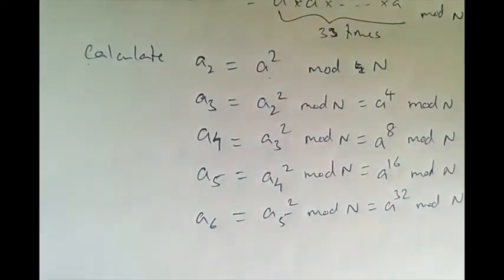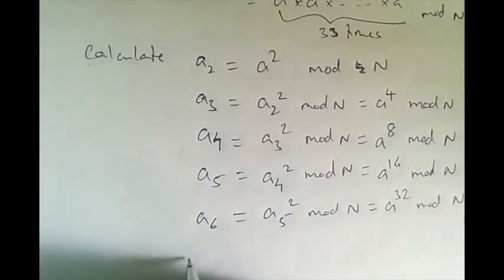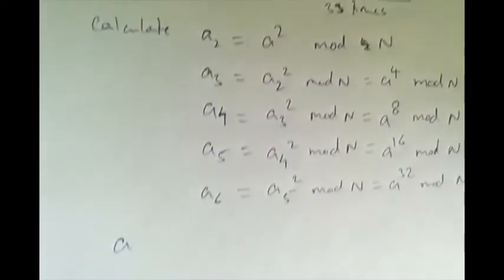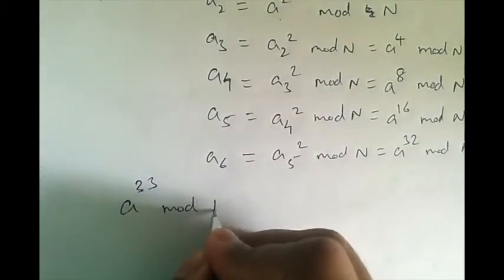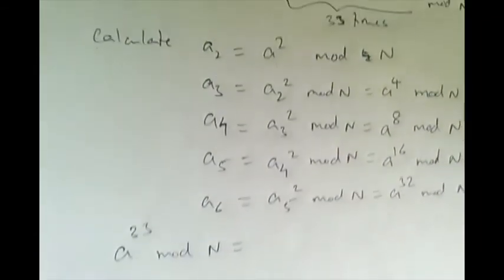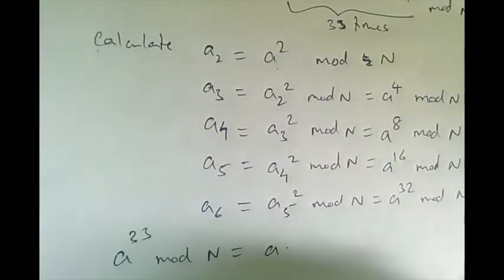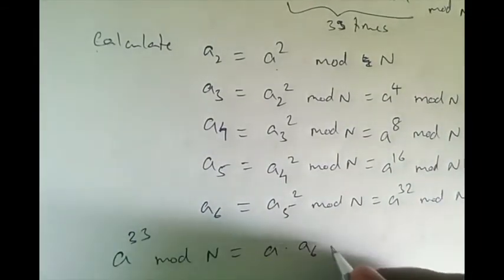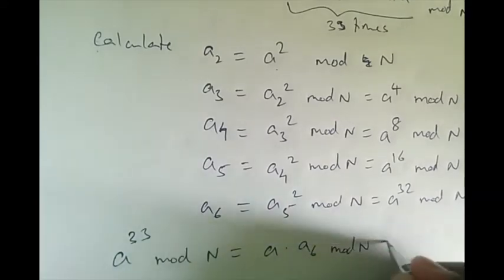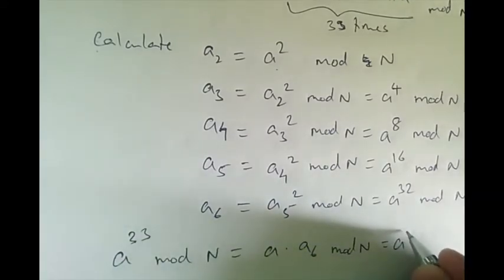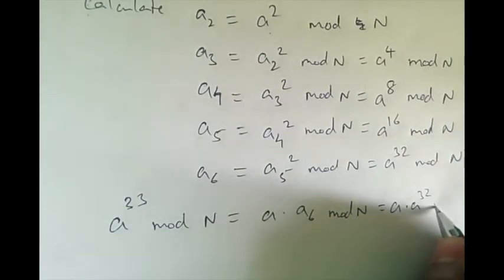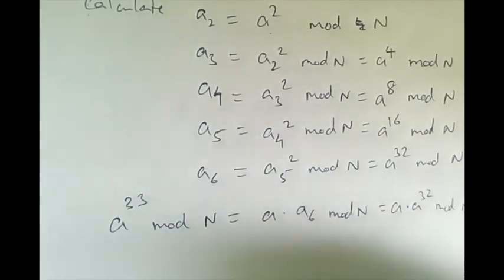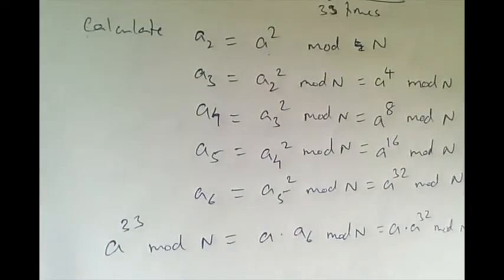Okay. So we wanted a raised to 33. Now we finally compute a raised to 33 mod n, which is equal to a times a6 mod n.